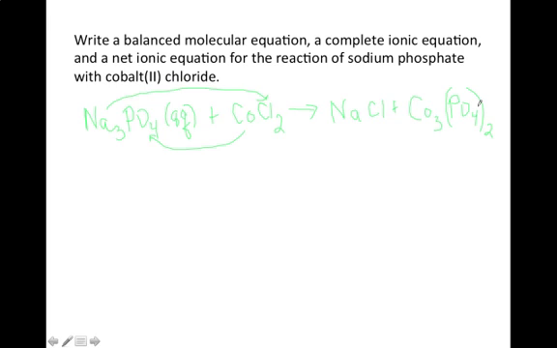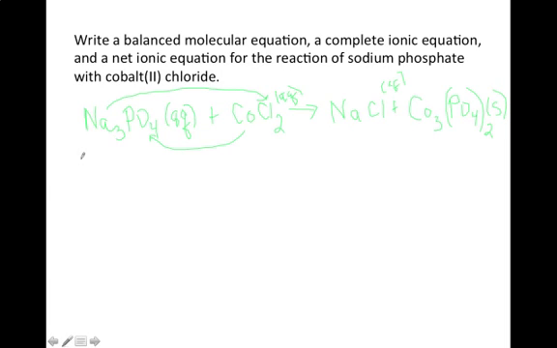And they're not, it's with cobalt. So this is going to be a solid precipitate. Okay, this will be AQ because it's with chloride, and this will be AQ.